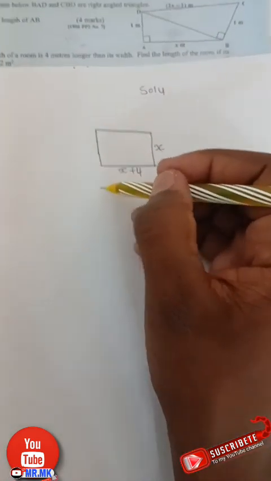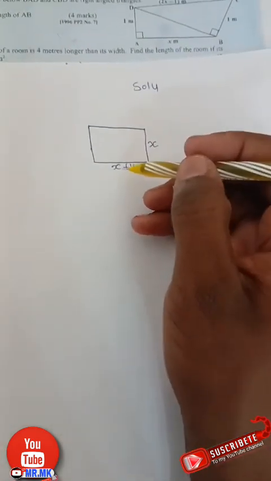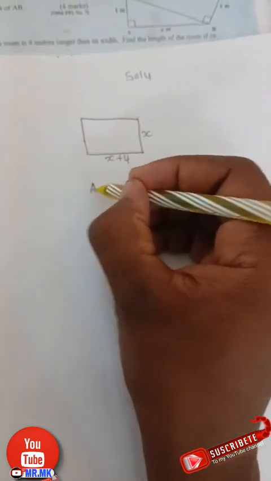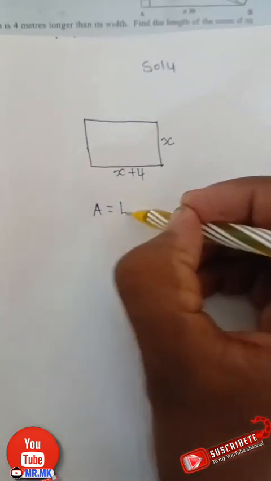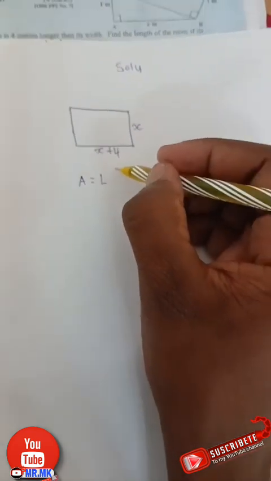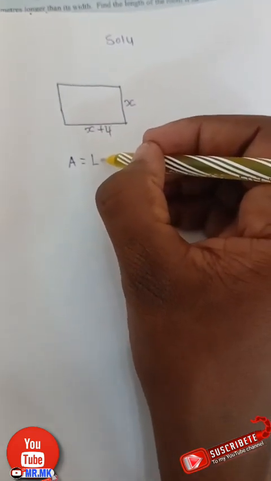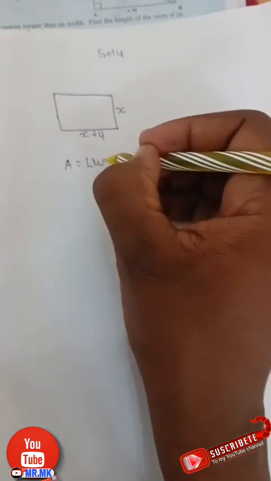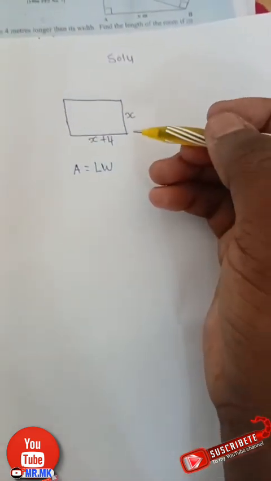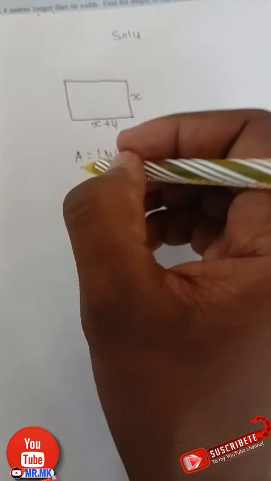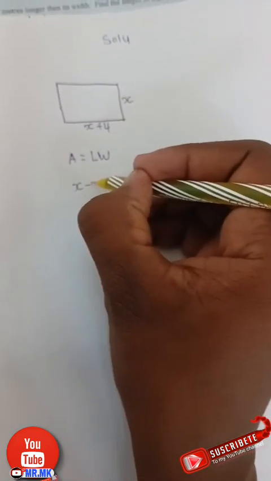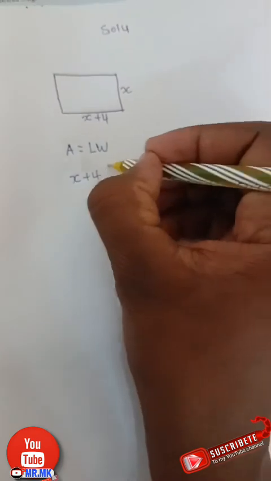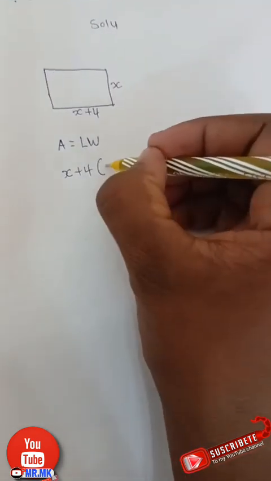Now we know that. How do you find the area of a rectangle? The area of a rectangle is length times width. Now let's say this one is the length. The length is x plus 4, in brackets, and the width is x.